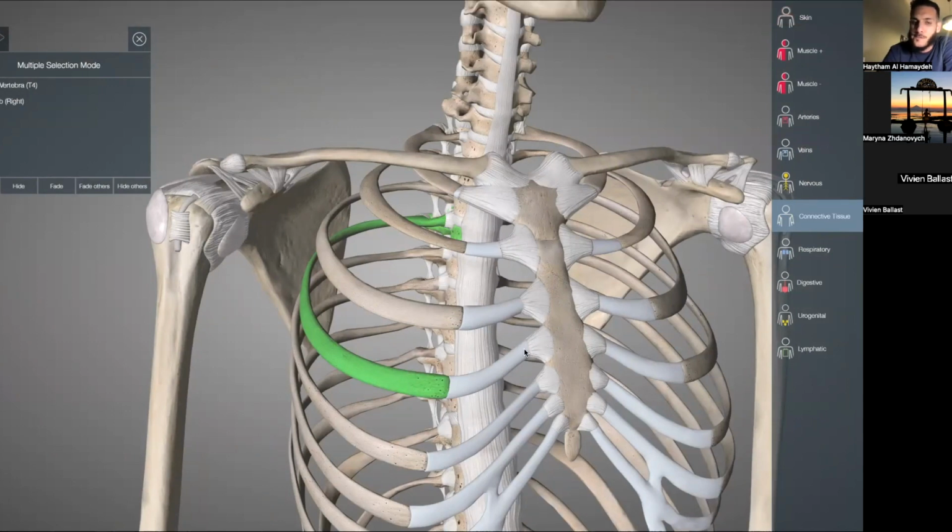The connection between the sternum and costal cartilage, this joint is called the sternocostal joint.